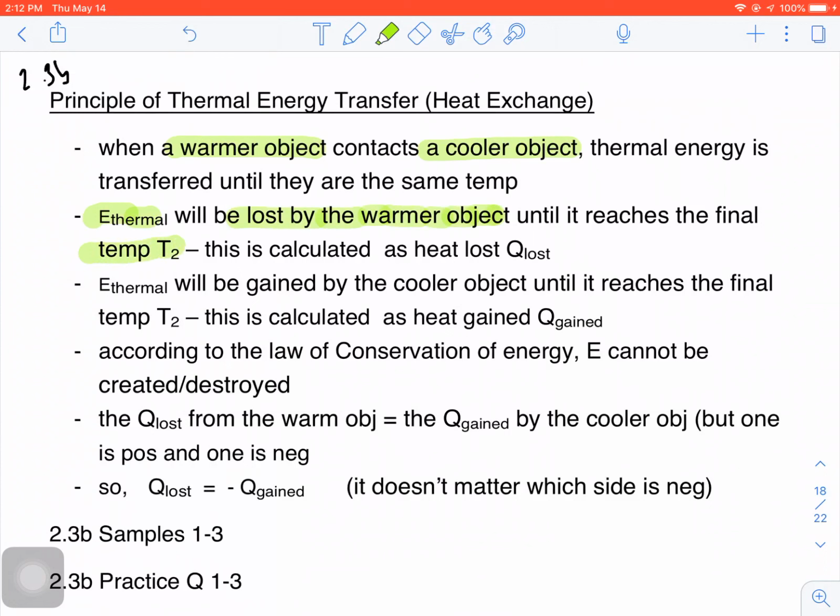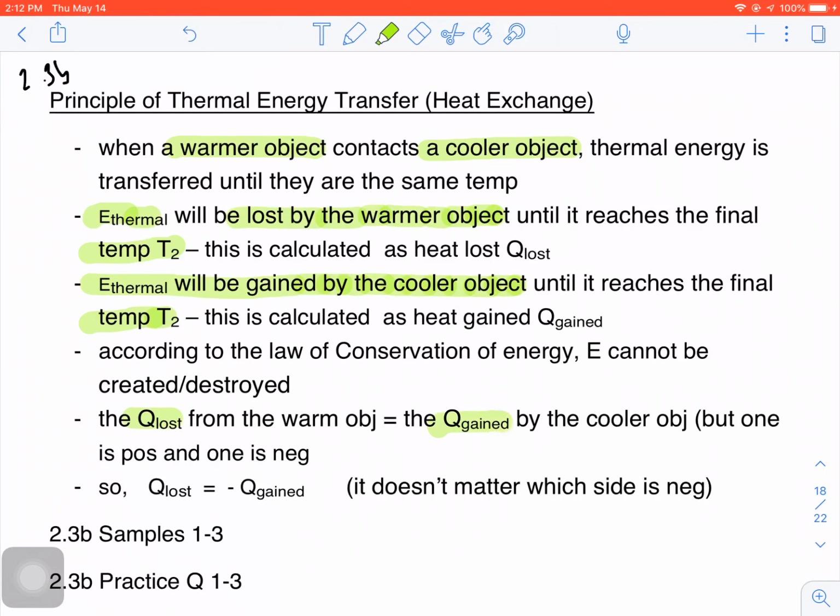It will stop when it gets to some final temperature. That final temperature is the same T2 that the cold one will reach, and when they're the same temperature, energy will stop transferring. So the cooler object is going to gain thermal energy. Because energy can't be created or destroyed, I know that the Q lost by the warm object is going to be equal to the Q gained by the colder object.